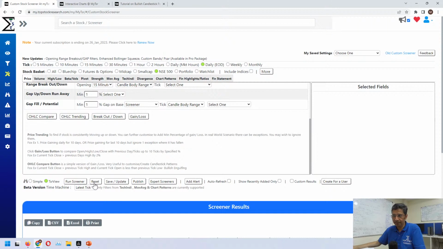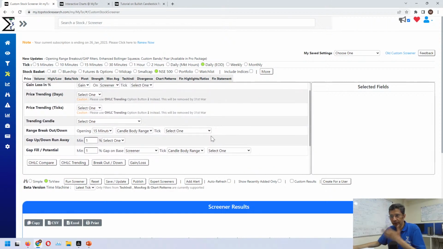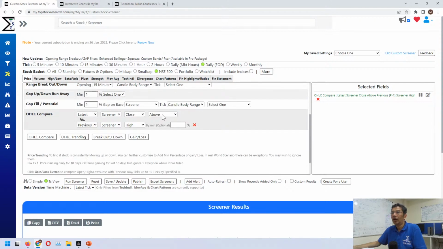We'll take a small example of how to plot this Tweezer. First of all, the latest candle body. We are looking at the bearish one first. So the previous candle close is greater than open.